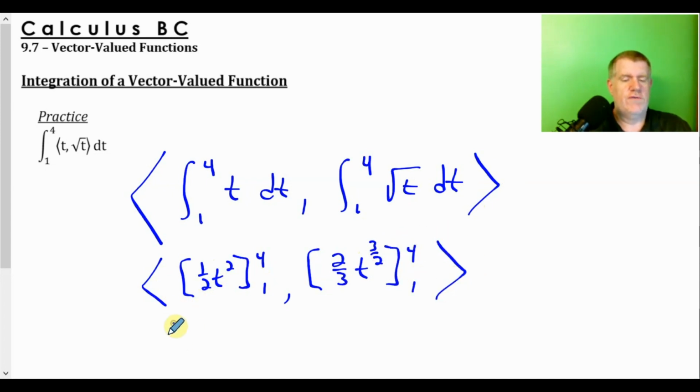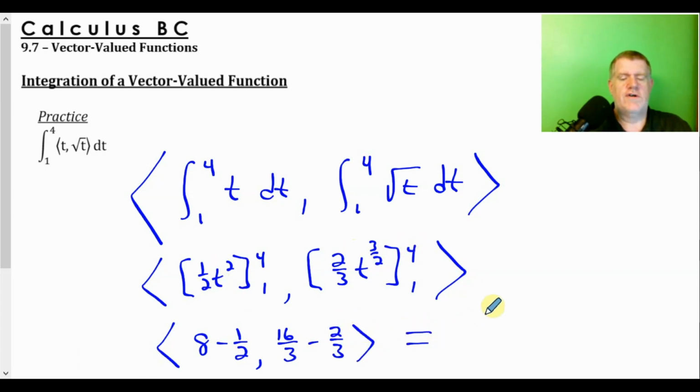So let's see, we've got 16, so 8 minus 1/2, and let's see, plug in 4, square root of 4 is 2, 2 cubed is 8, 8 times 2 is 16, 16/3, plug in the 1, you get 2/3. So this vector valued integral would be 15/2 and 14/3.